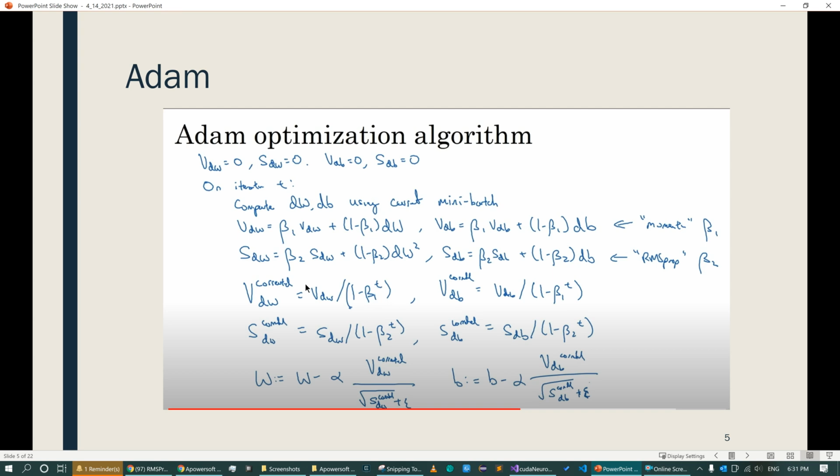So this is an equation for how we can correct it, or not. Sometimes people want to correct it, sometimes they don't. This helps eliminate the bias of the weighted average. Then we divide by the square root of the sdw, which can also be corrected, plus an epsilon. This epsilon is to avoid these terms being zero, which can cause errors in the backpropagation. It is something very small that we use to avoid that kind of error.